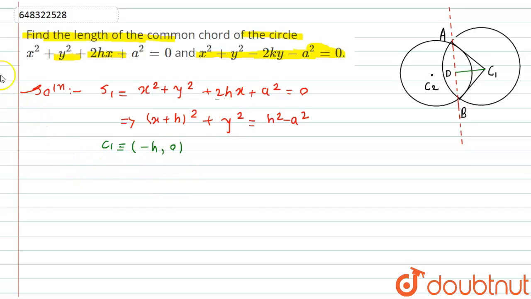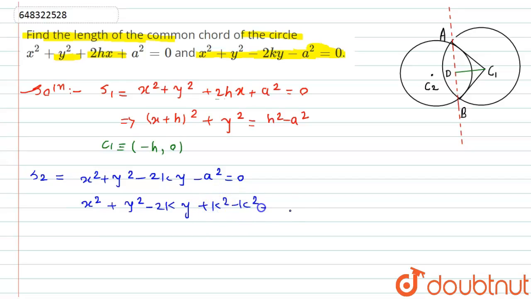Similarly, if we talk about the second circle, S2 is x square plus y square minus 2ky minus a square equals 0. Similarly, we will adjust the terms here. We will say x square plus y square minus 2ky, plus k square minus a square equals 0.